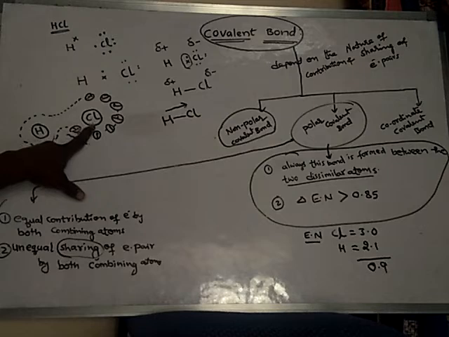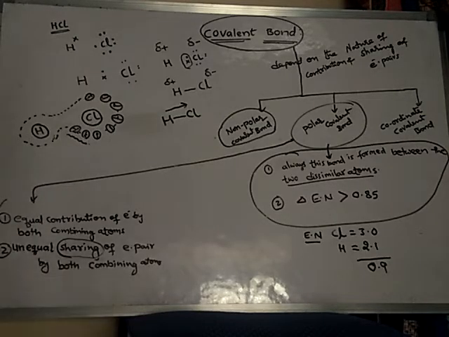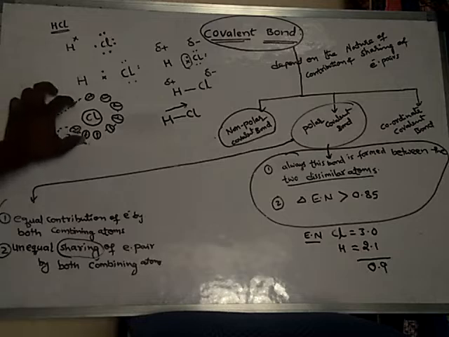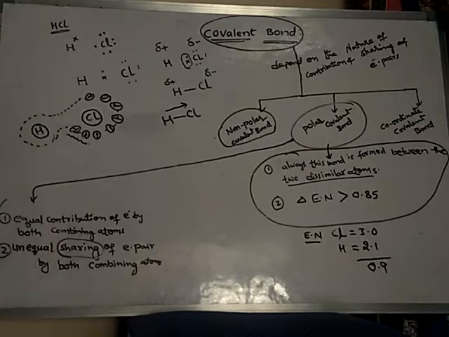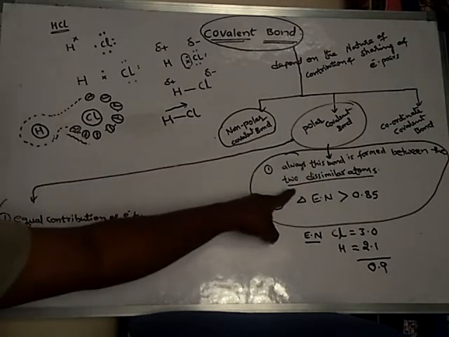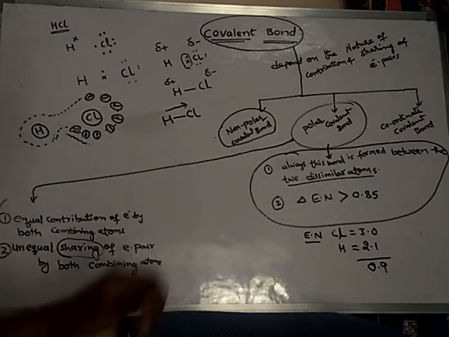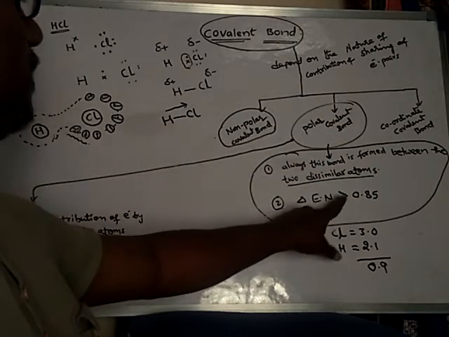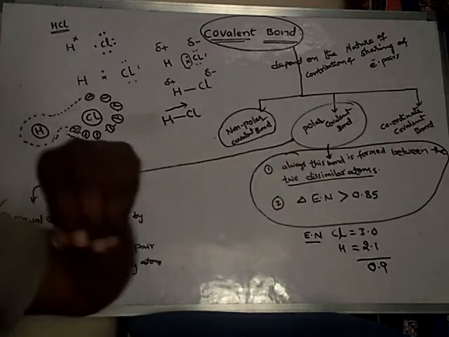These two electrons are shared by chlorine to more extent, whereas hydrogen is sharing that pair of electrons to less extent. Less extent of sharing, more extent of sharing. That means unequal sharing. Hence, it is forming a polar covalent bond. Remember that a polar covalent bond is formed between two dissimilar atoms, and that too when the electronegativity difference is greater than 0.85.